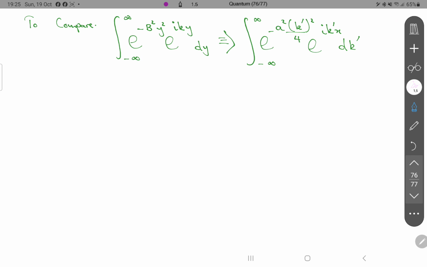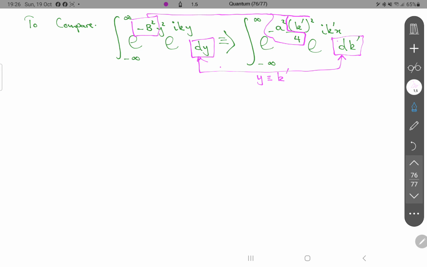In comparison, we can see that this part here is compared to that part here. So if I take this comparison, what am I going to get? I'm going to say that my y is compared to a k prime. Then we can also see that my negative b squared is compared to this part here. So basically I'm saying y is compared to k prime.